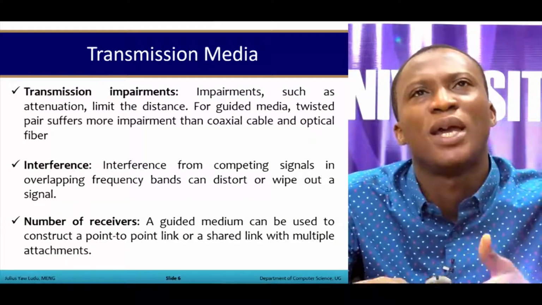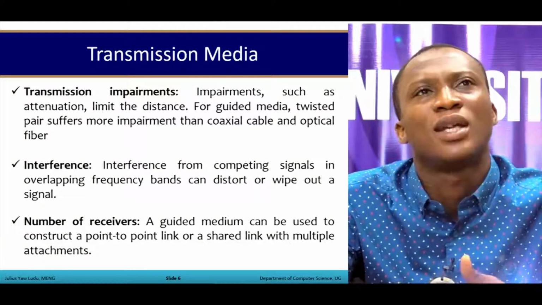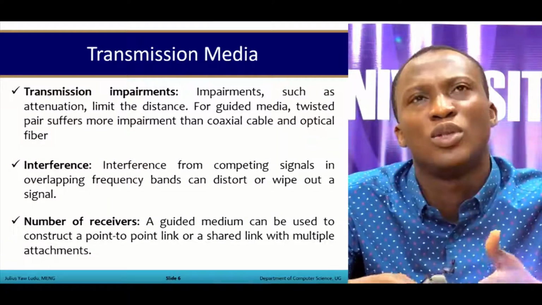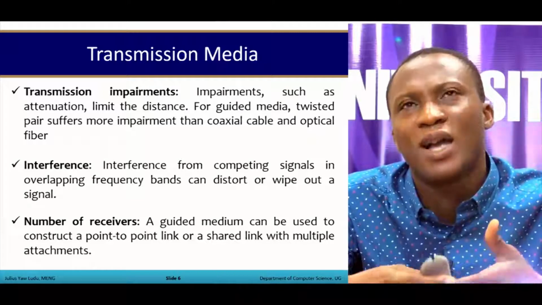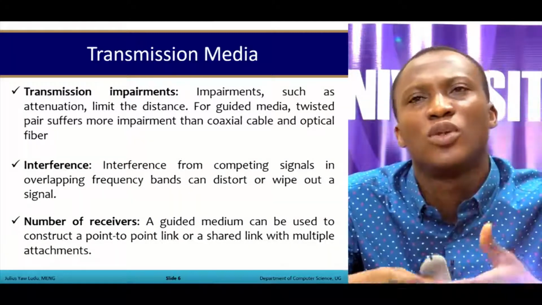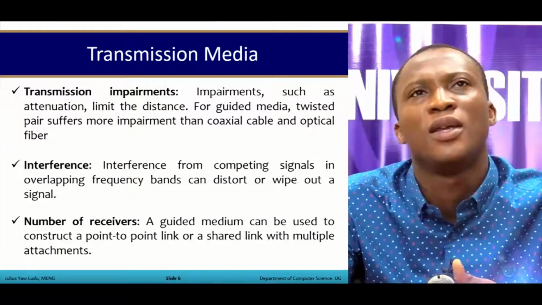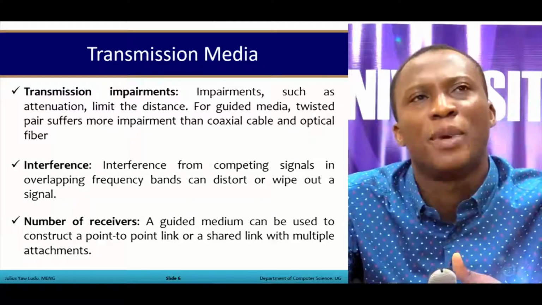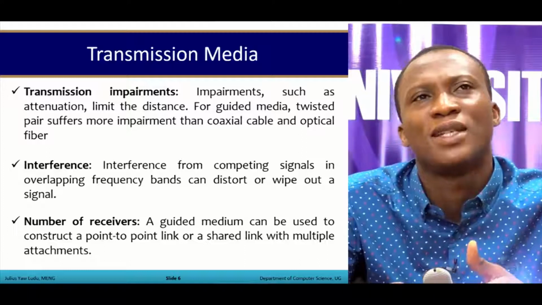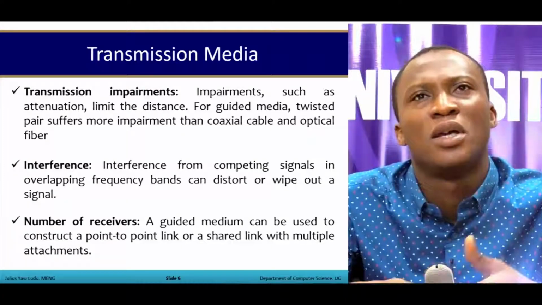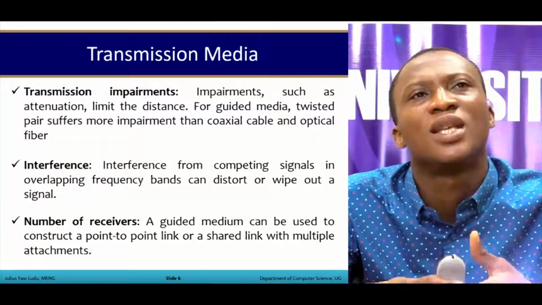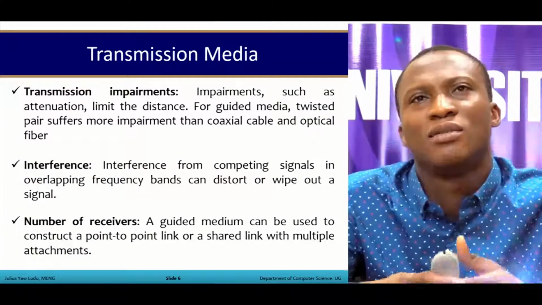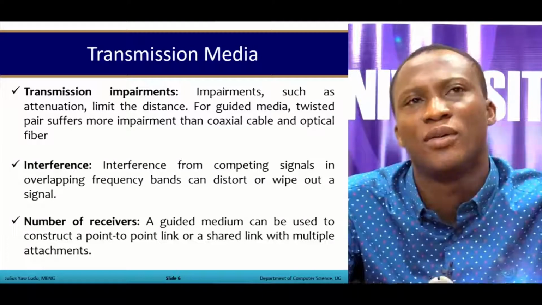It also plays a key role in the design of our transmission system. We've already looked at impairments such as attenuation, which limits the distance. But for guided media, twisted pair suffers more impairments than coaxial cable and optical fiber. Another design factor is interference. This is interference from competing signals in overlapping frequency bands that can distort or wipe out a signal.